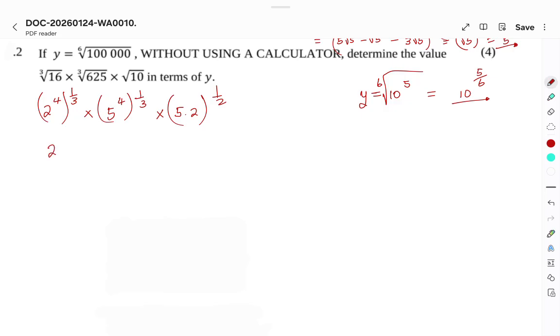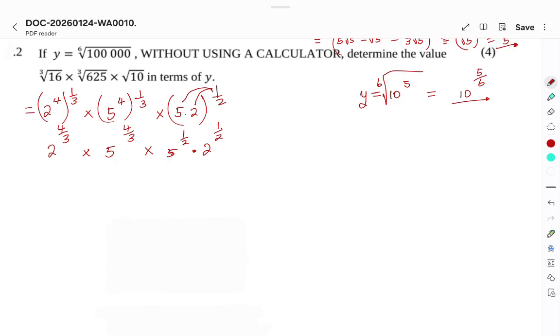So I have 2, then 4 times 1 over 3, that is going to be 4 over 3, times the 5 of 4 over 3, times, you know that the exponent would multiply with the exponents of the numbers that we have inside the bracket. So that you have 5 of half times the 2 of the half.